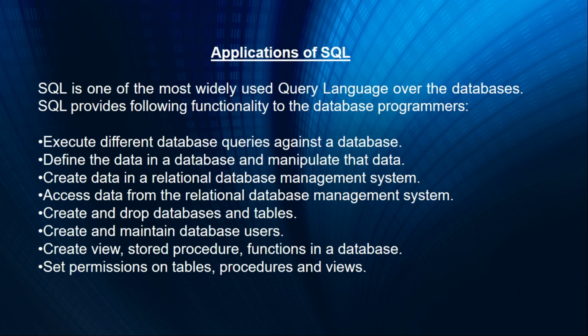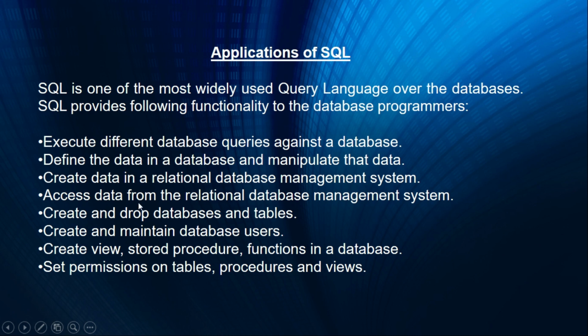Then define the data in a database, manipulate the data, create the data in a relational database management system, access data from a relational database management system. Here, a relational database management system is nothing but every table connected to one another through a primary key or some unique key.